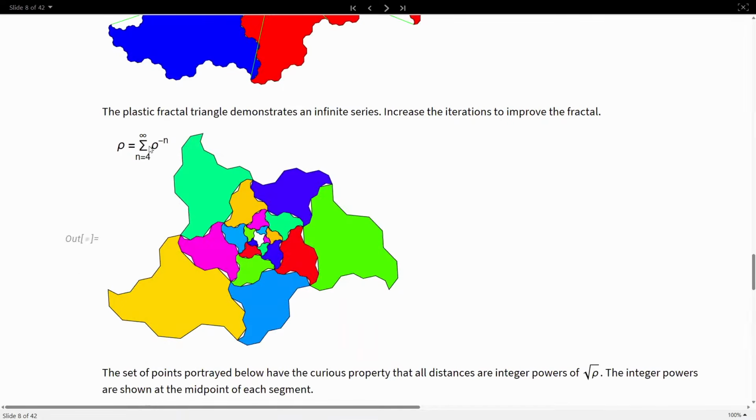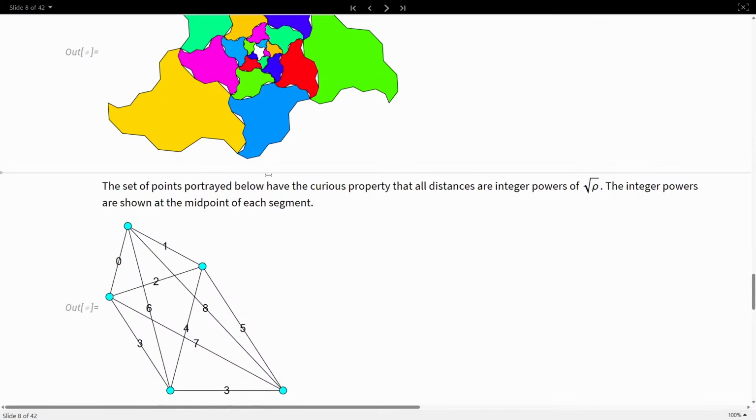And if you use an infinite number of them, starting with the fourth power and then everything thereafter, they will combine to make a copy of the plastic fractal triangle.